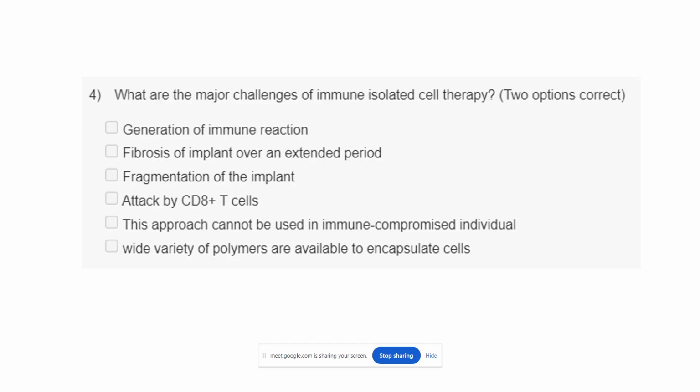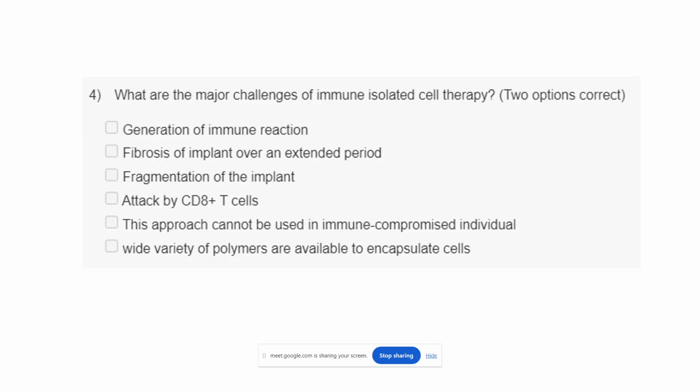Okay, we are on to our fourth question now. What are the major challenges of immune isolated cell therapy? You have to select two correct options here. Major challenges. Option 1 and 2.